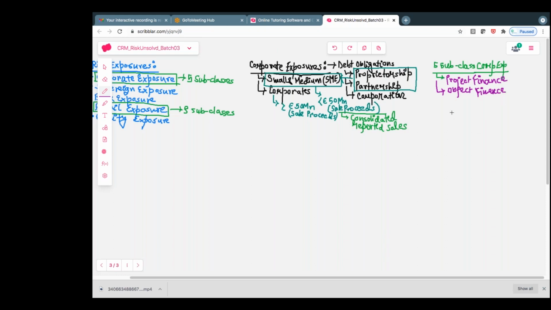The second set of exposure that I have over here is the object finance.